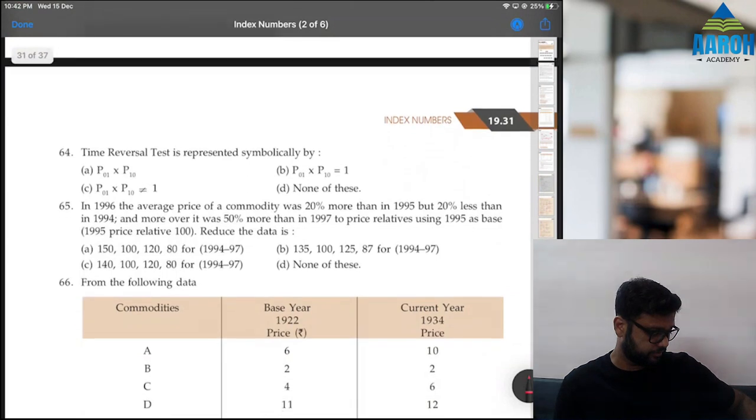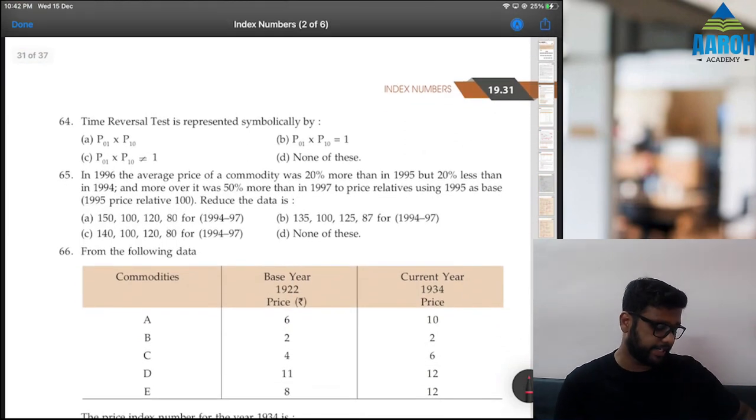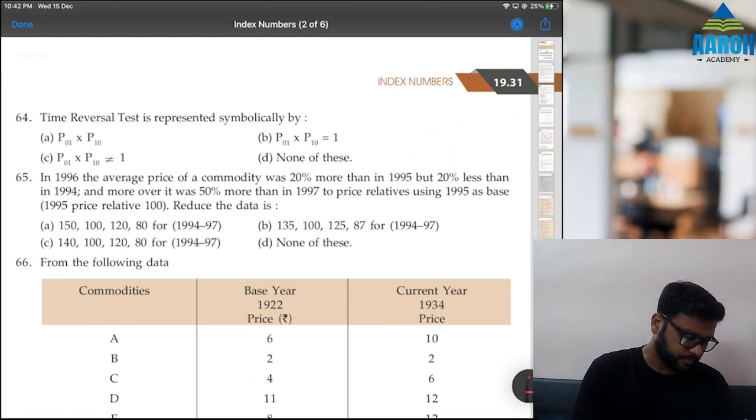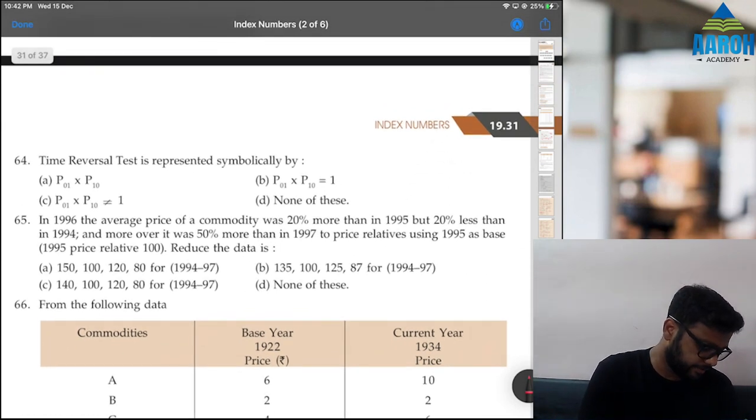Okay. 65 also we can take. 65 also is a good question. Concentrate carefully. Again, it is better to list all the years first. What years are given? 1994, '95, '96, '97.